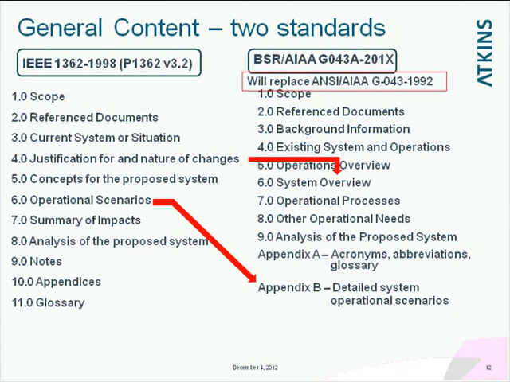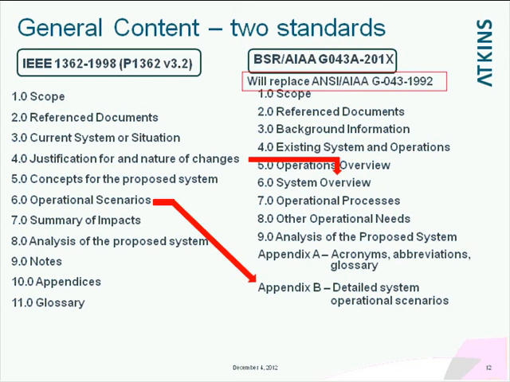So I thought I'd compare the two standards for you. The one on the left is the 1362 standard, and the one on the right, well, actually, this is the name of the new standard. It's going to replace the ANSI AIAA G43.